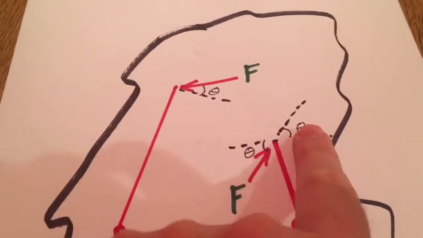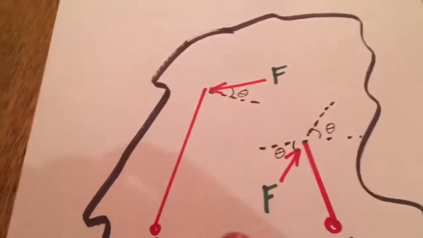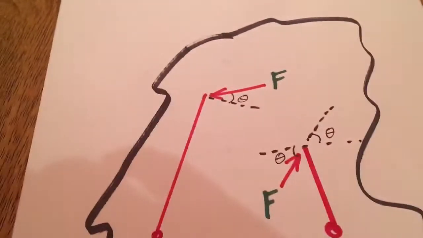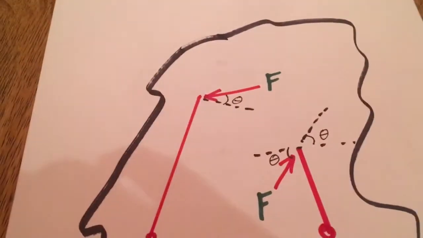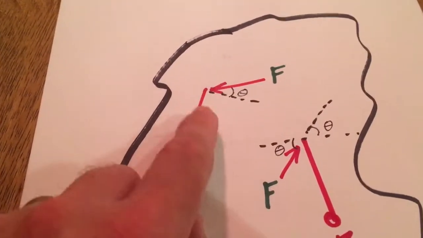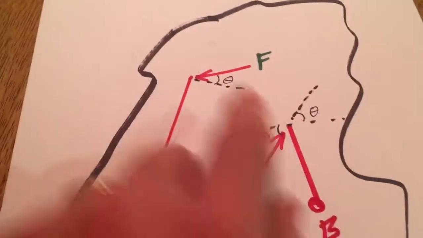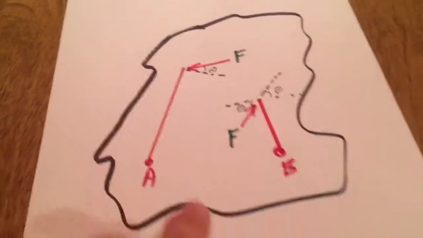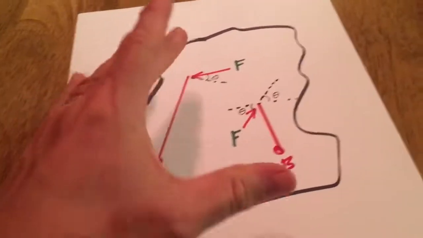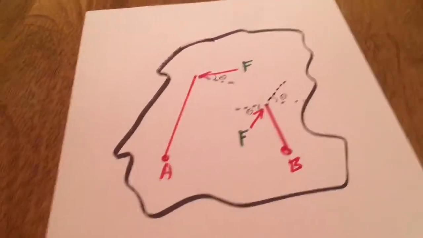If they show the angle up here, as long as that force is along that line, you can take the angle anywhere there. And so again, you're going to be looking for the perpendicular force component here and here to find the torque on this mass or this shape.